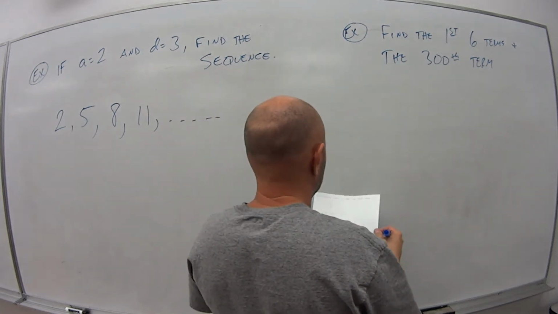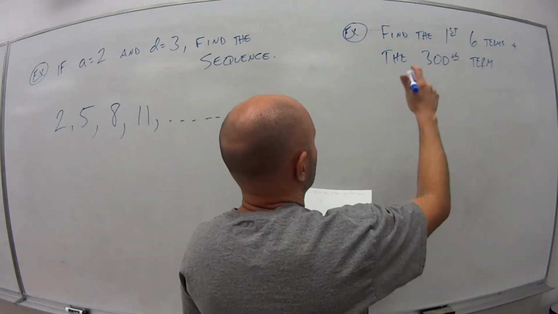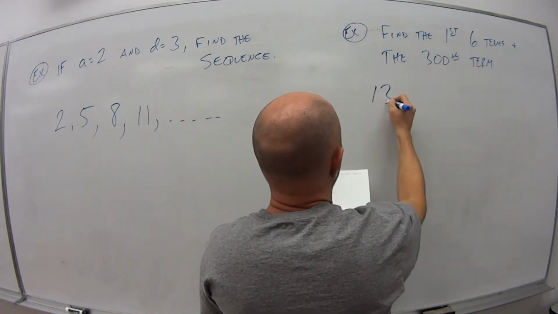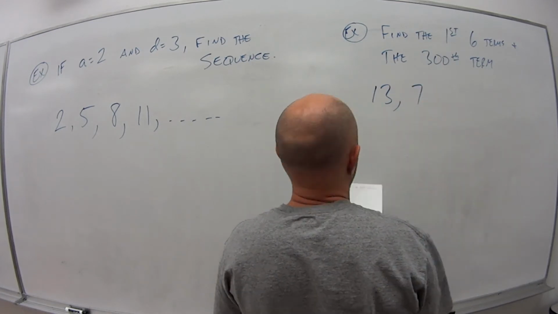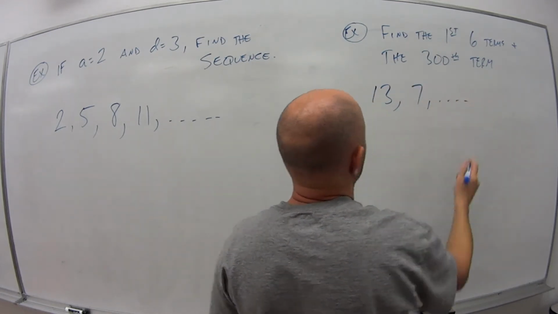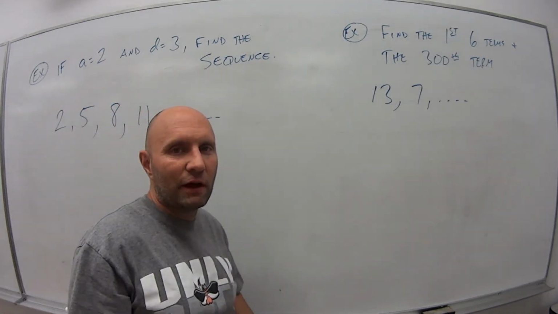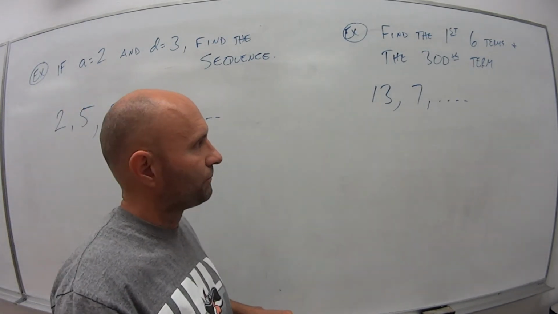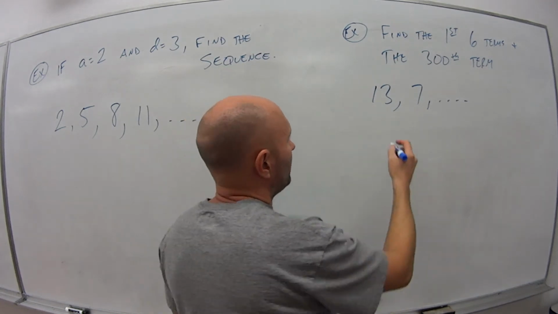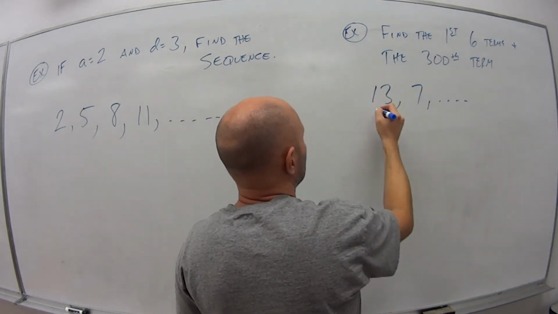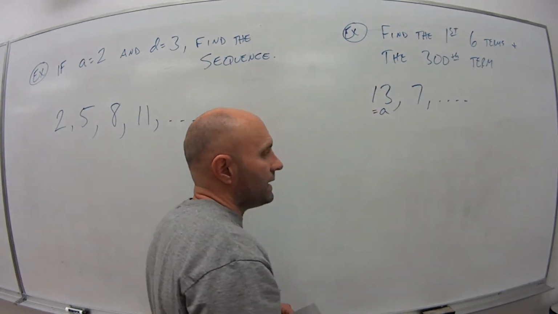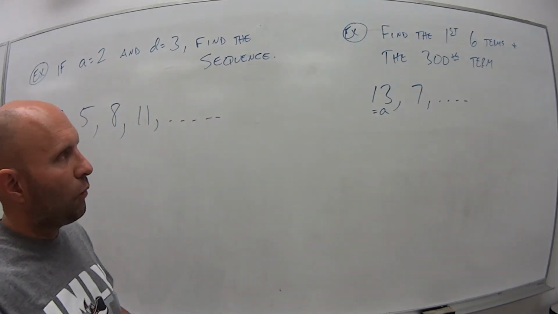So we want to find the first 6 terms and the 300th term of the following sequence: 13, 7. That's all we're given. So we need to figure out our formula a of n. We know this value is equal to a. But now what's the difference?